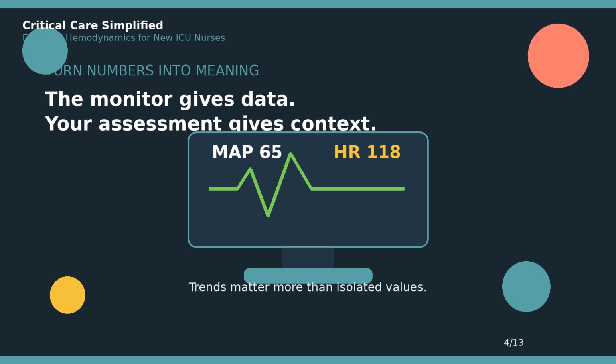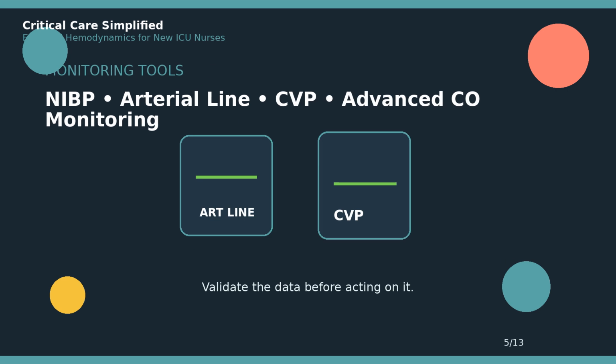Heart rate tells you how fast the heart is beating, but it does not tell you whether the heart is pumping effectively. Tachycardia may be compensation for fever, pain, hypovolemia, hypoxia, sepsis, anxiety, or decreased cardiac output.